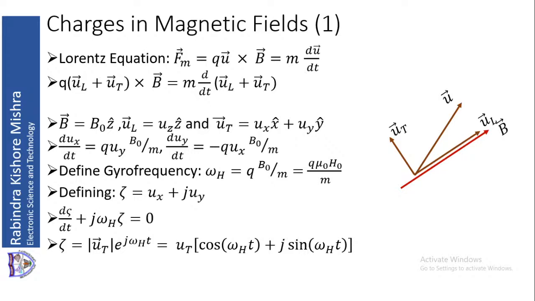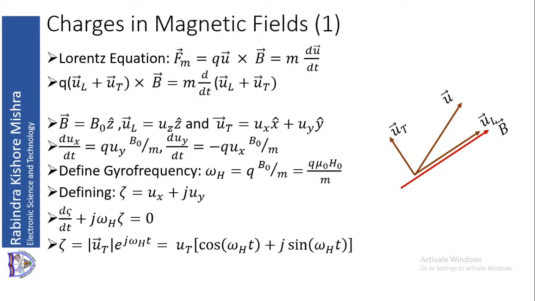So ux plus j uy, that is zeta. So we get on the right hand side minus j omega h into zeta. So bring everything to the left hand side, that gives d zeta by dt plus j omega h zeta. Right hand side will now become 0. So d zeta by dt plus j omega h zeta is equal to 0. This is the first order differential equation.